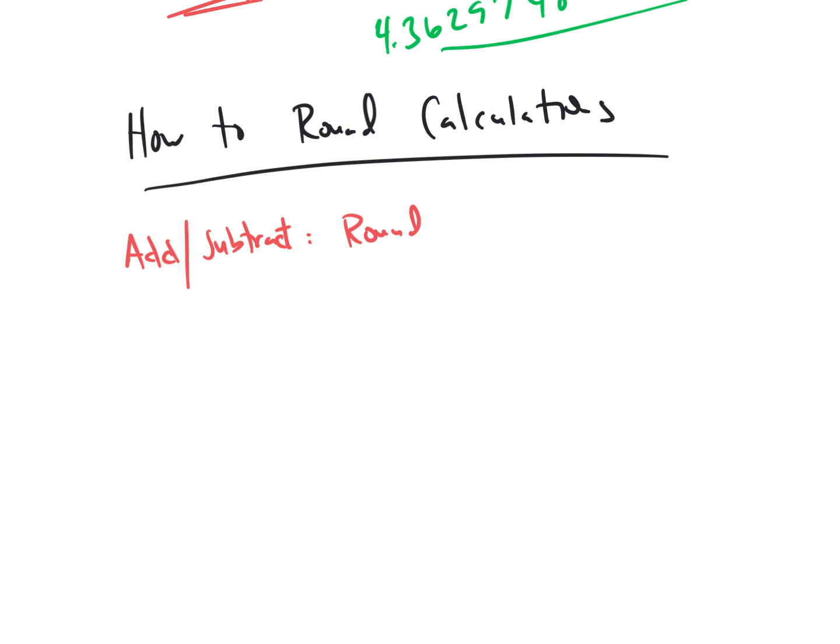We round the answer, or the calculated answer, to match the measurement with the least number of decimal places.